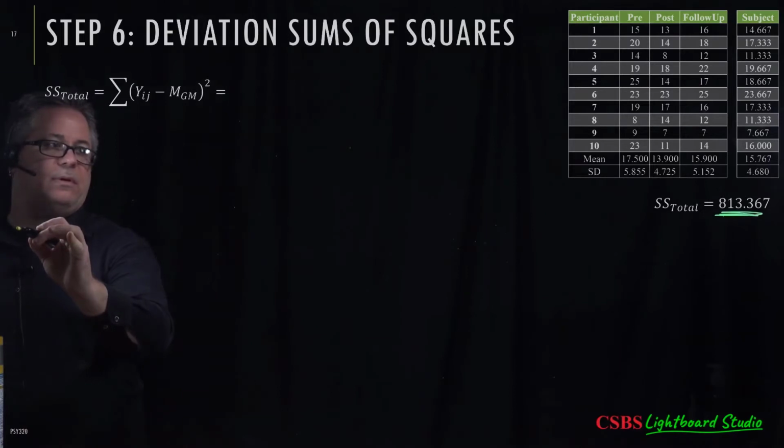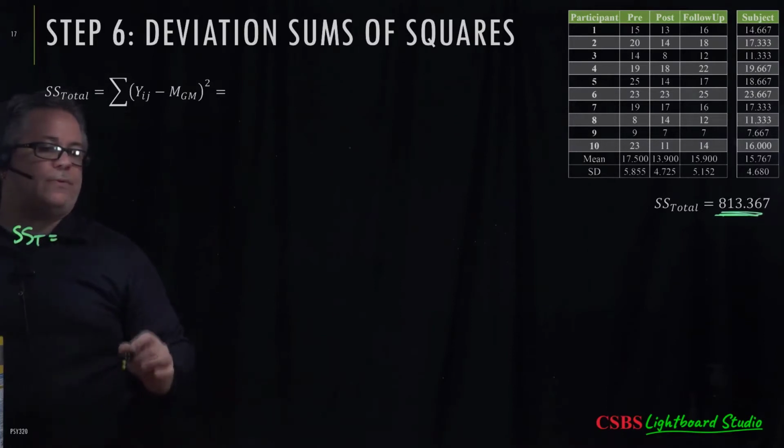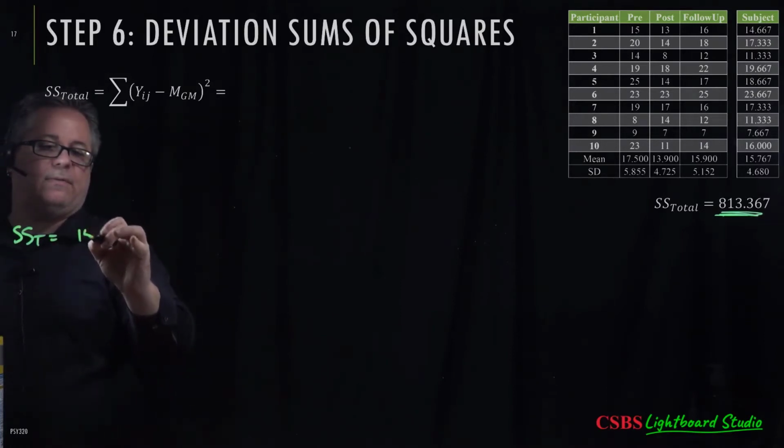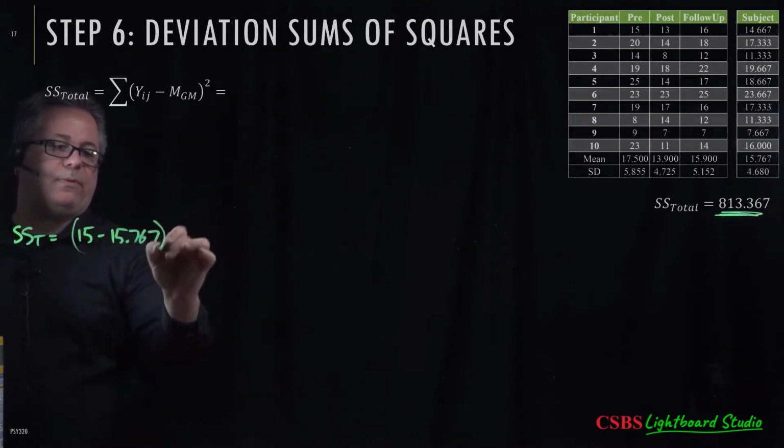So sum of squares total equals. My first score is 15, so 15 minus 15.767, and I'm going to square that. And keep going.